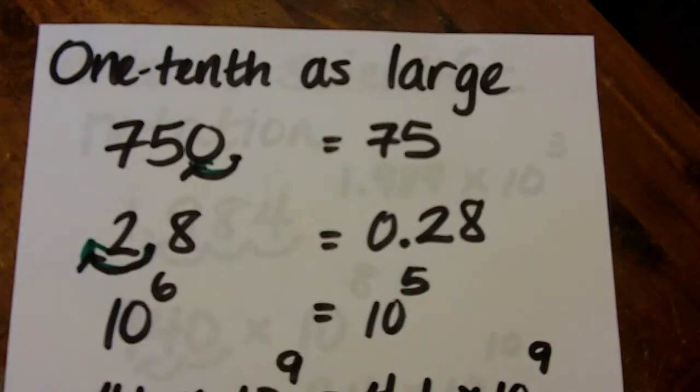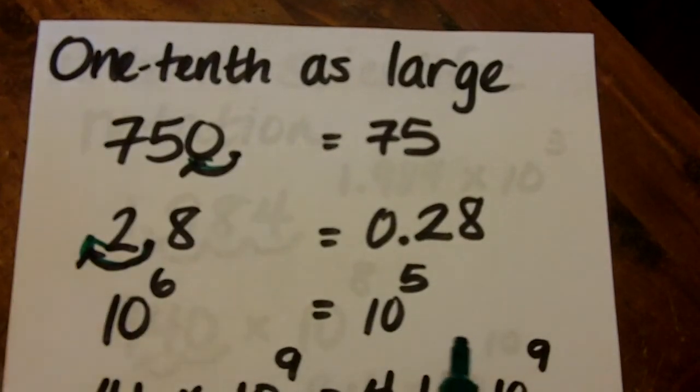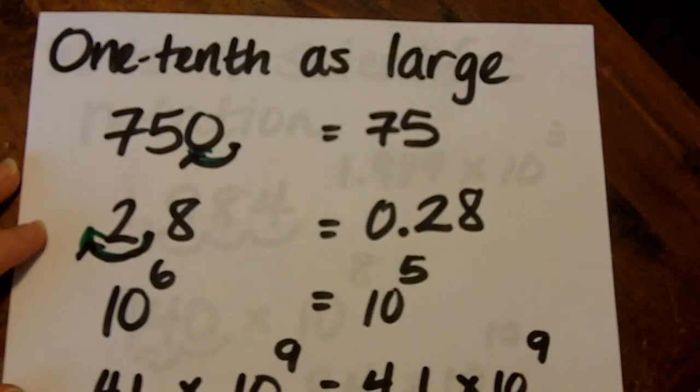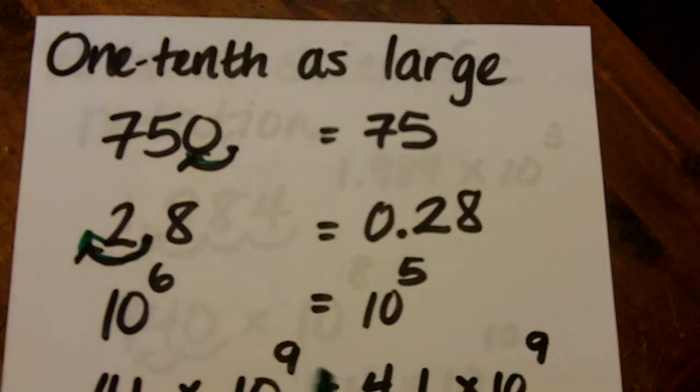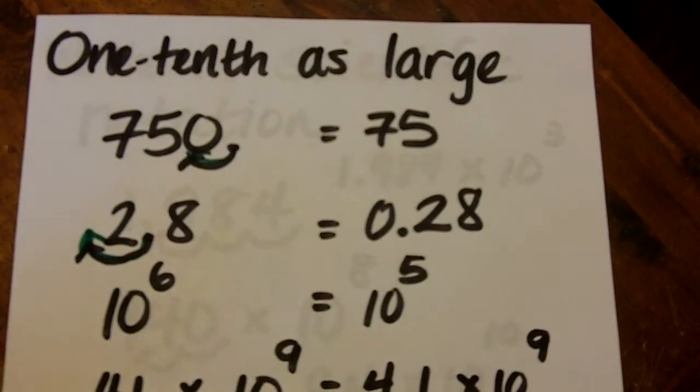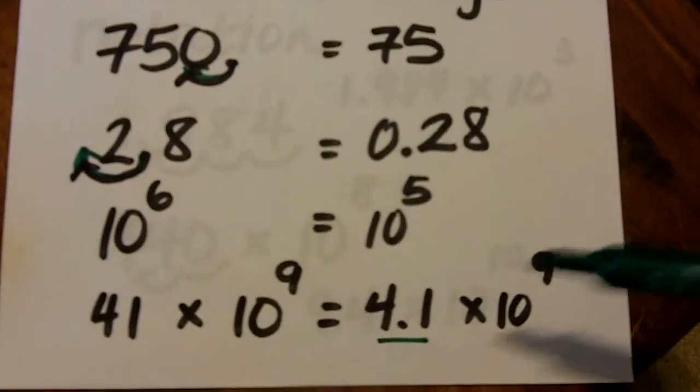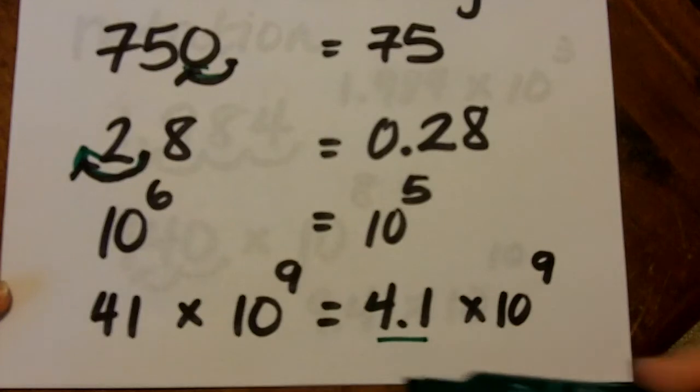If you have 10 to the 6th, you would simply write it as 10 to the 5th. If you had 41 times 10 to the 9th, because it's not in proper scientific notation form, you can just change the 41 to 4.1, which is making it a 10th as large, and you don't have to change the exponent at all.